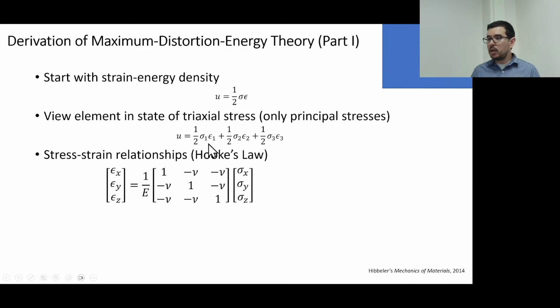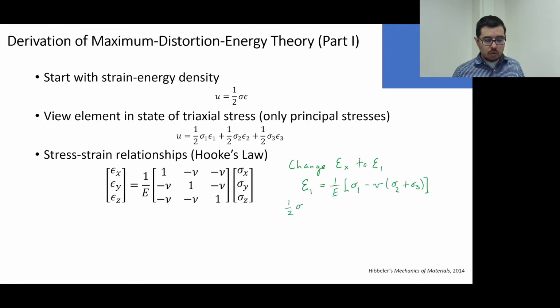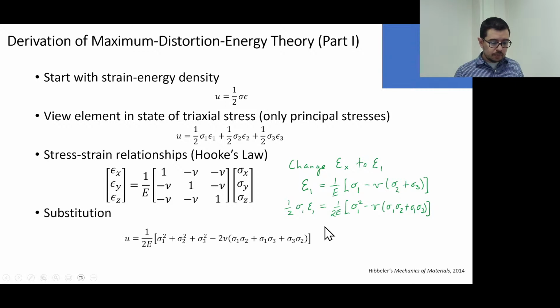If we relate them to each other appropriately, we can think of the strain energy just in terms of the strains or just in terms of the stresses. We're going to pick getting it in terms of the stresses. So we substitute these expressions in, and this is what you get when you do that substitution.